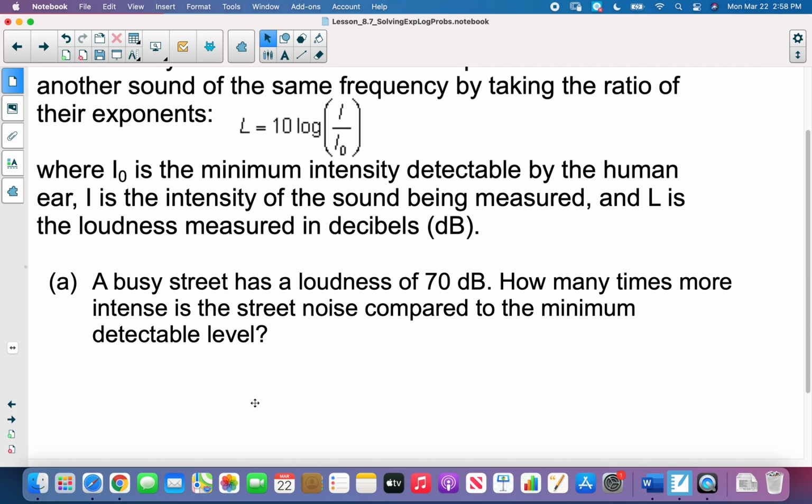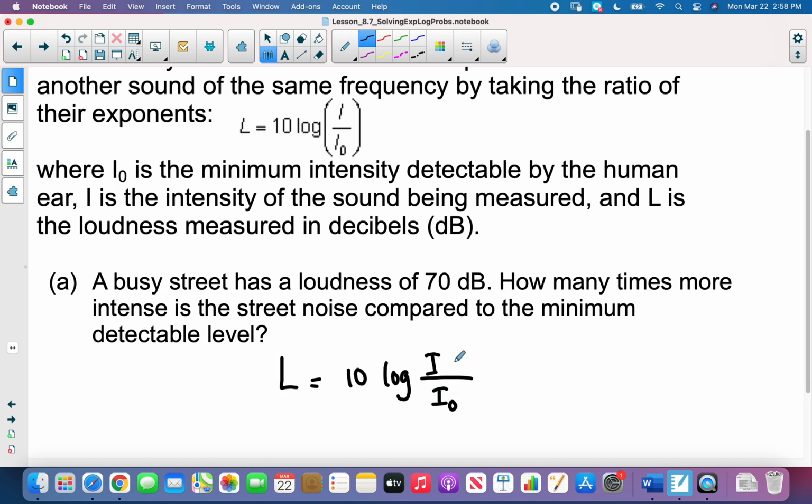How many times more intense is the street noise compared to the minimum detectable level? We're going to use the formula we have been given, L equals 10 times log of I divided by I0.